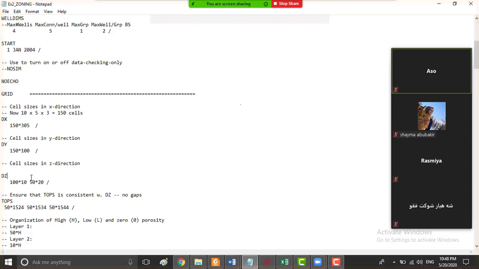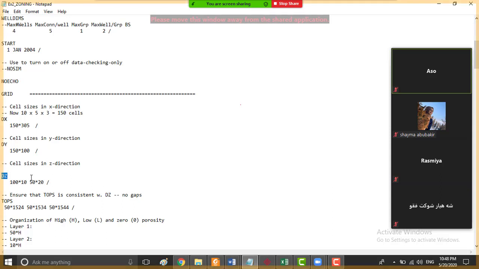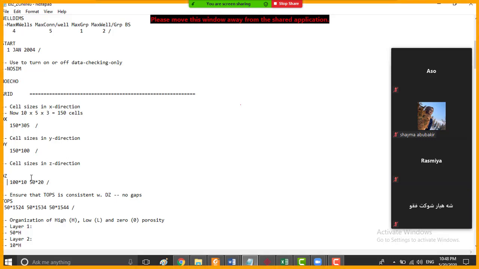Now, when it comes to the keyword dz, like every other keyword in the grid section, we have to write the data. We have to write the data for 150 cells. Okay? What?